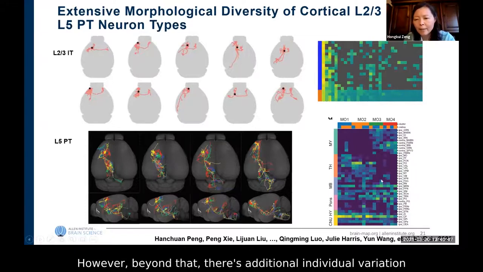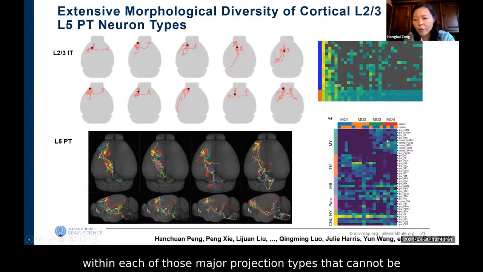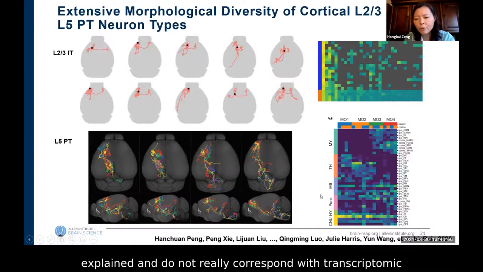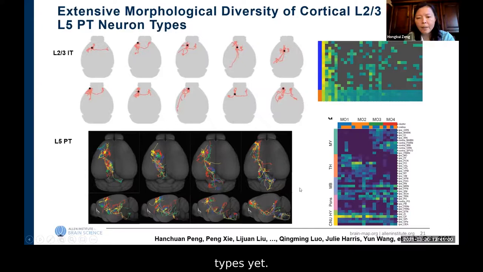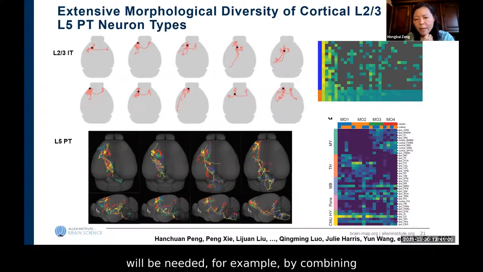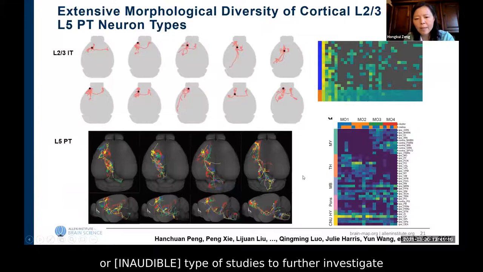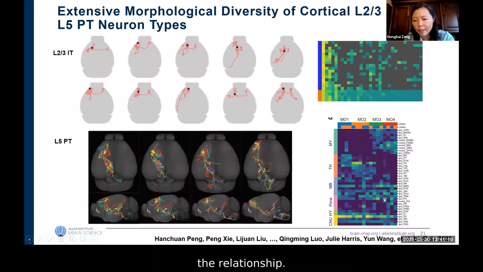However, beyond that, there's additional individual variation within each of those major projection types that cannot be explained and does not really correspond with transcriptomic types yet. Of course, further investigation will be needed, for example, by combining full morphological studies with spatial transcriptomics, multiplex FISH or BARseq type of studies to further investigate the relationship.